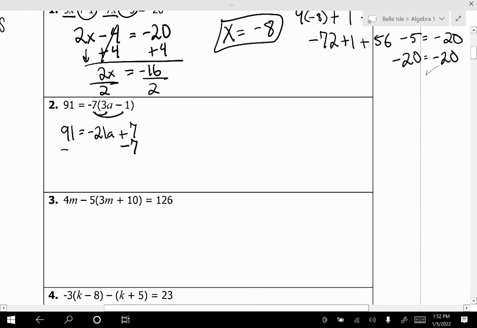Okay, I'll put number 2 up here so you can check yourself. What's 91 minus 7? It's 84.